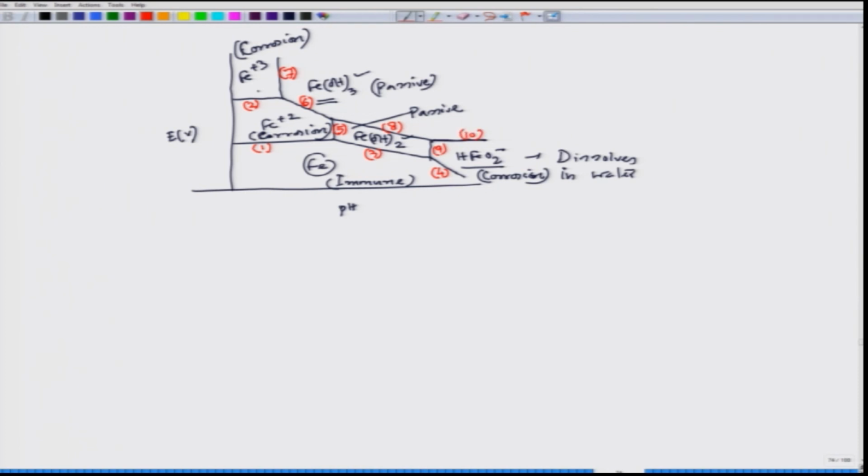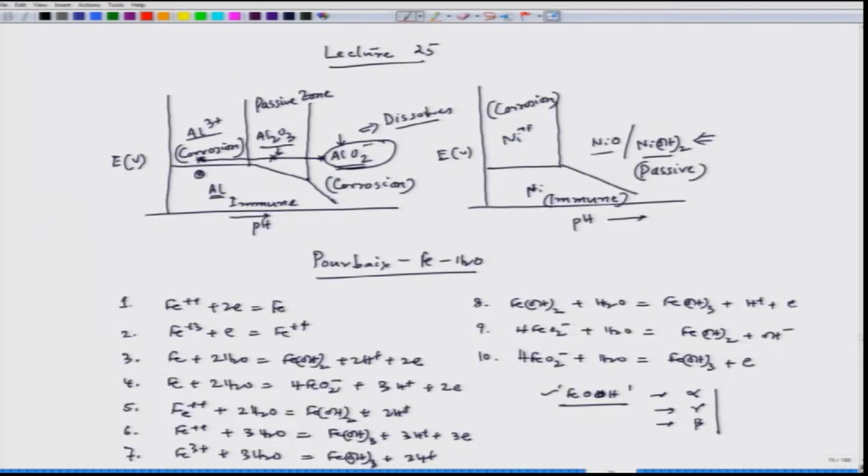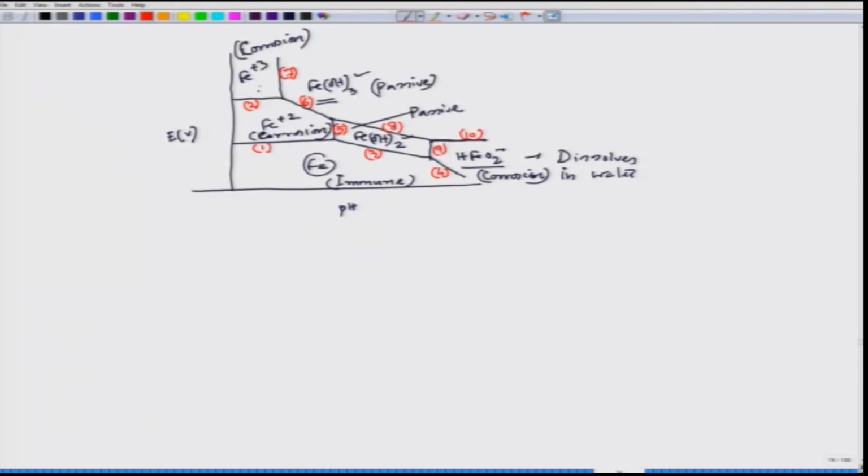So, if you go back and see all those reactions, 1 to 10, we have indicated those. For example, this line is basically pH independent, this is also pH independent, this is potential independent, pH dependent, this is also pH dependent, and these 3 lines are all pH as well as potential dependent, and of course, this one also pH independent.